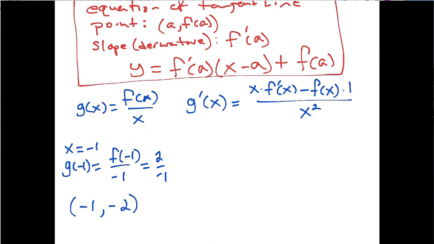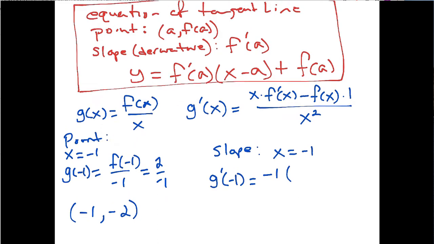Now to find the slope. So that was for the point. This is for the slope. When x is equal to -1, g prime of -1 would equal -1 times f prime of -1.